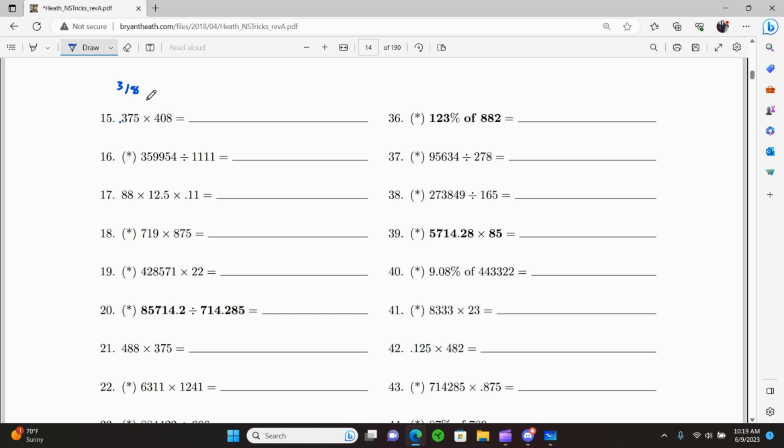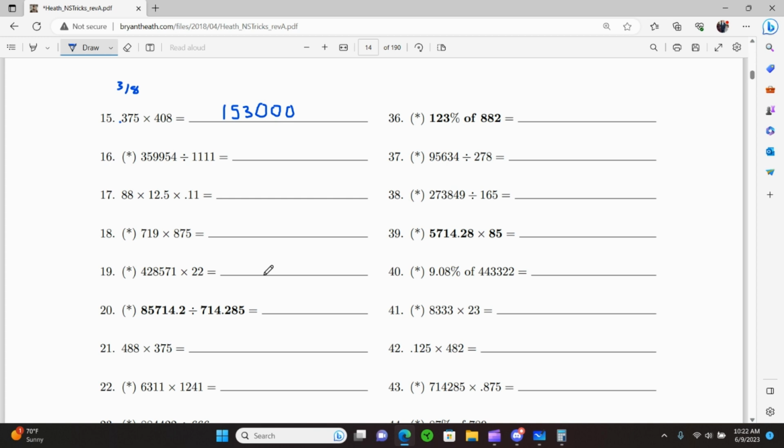Well, 40 divided by 8 is 5. 400 divided by 8 is 50, plus I have one extra 8, that's going to be 51. I'm then going to take 51 and multiply it by my numerator of 3 to get 153. And then finally, my last step, I'm going to add 3 more zeros because I moved the decimal place over 3 places.